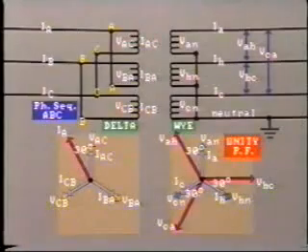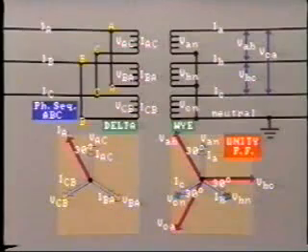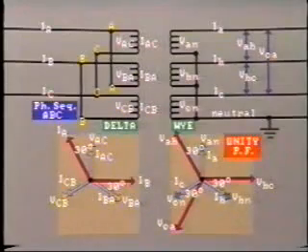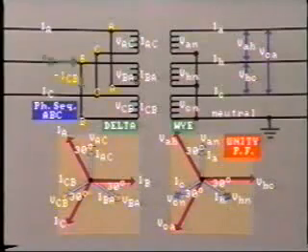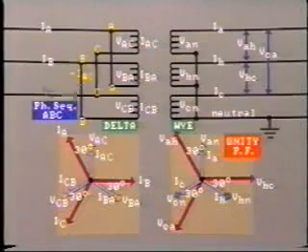We find by inspection that the line current IA will be 30 degrees ahead of its respective phase voltage VAC. Similarly with line currents IB and IC. IB equals IBA minus ICB, and IC equals ICB minus IAC.